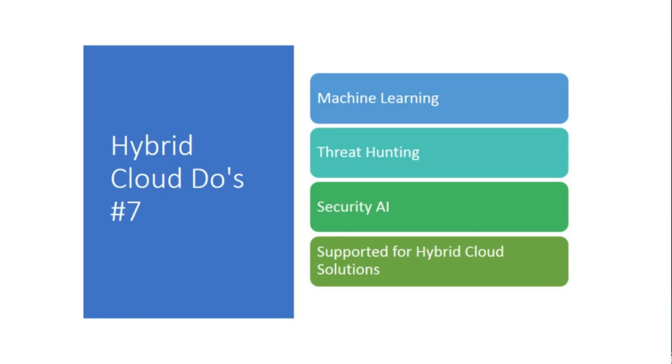Because for your public cloud infrastructure, there are just some givens that are there. Machine learning is part of public cloud. Threat hunting, security, and AI-based discovery. Those pieces are there. And so the real question is, can I take those best-of-breed security and threat protection solutions and port those back to my on-prem workloads? And the answer is, yeah, absolutely.